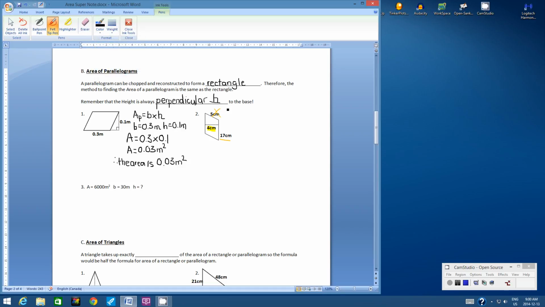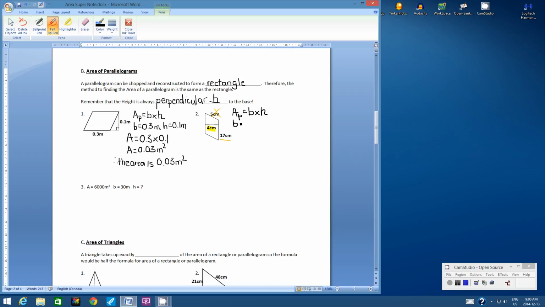Okay, so let's start with our 5-line solution. And again, if you're getting the hang of this, then get ahead of me. First line is our formula line. Area of parallelogram equals base times height. Line 2 is our information line.